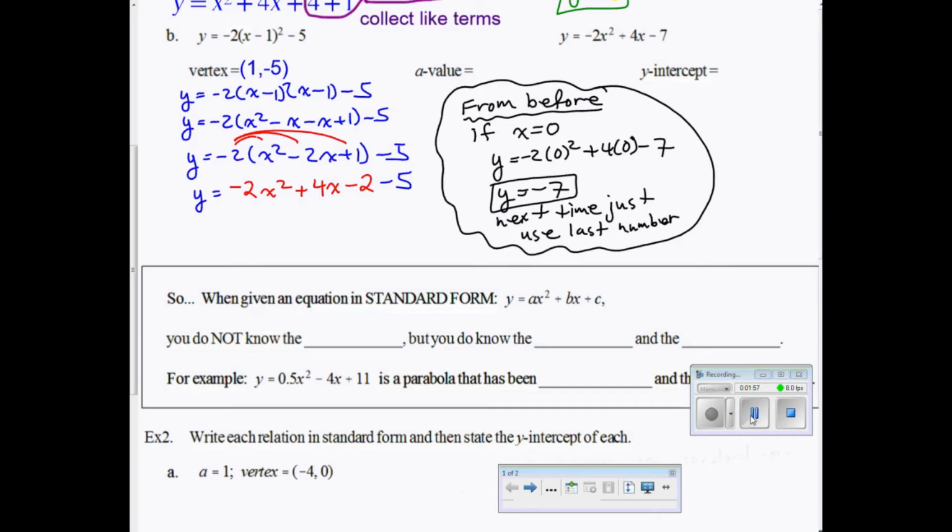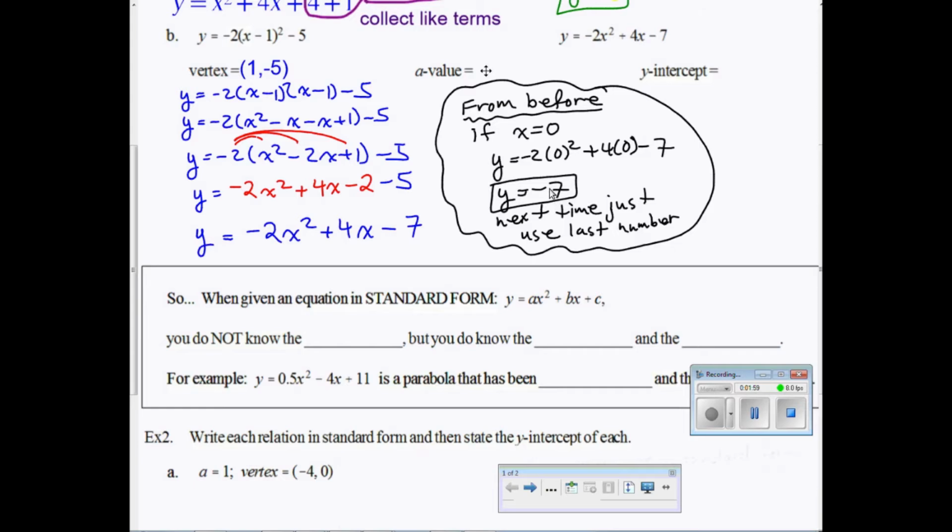Our final answer for our standard form of the equation is y is equal to -2x squared plus 4x minus 7. Now from before, if x was 0 and we wanted to find the y-intercept, that goes away, and you're left with -7.